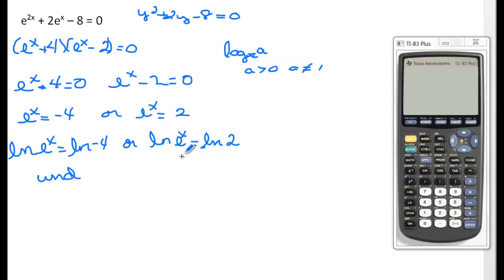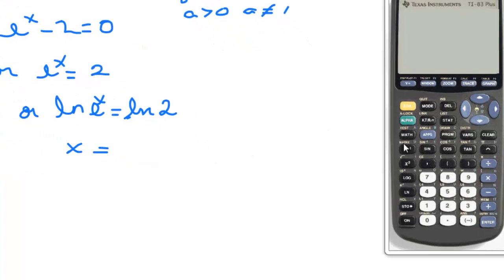The natural log of e to the x becomes plain old x, and the natural log of 2 is 0.693 to 3 decimal places.